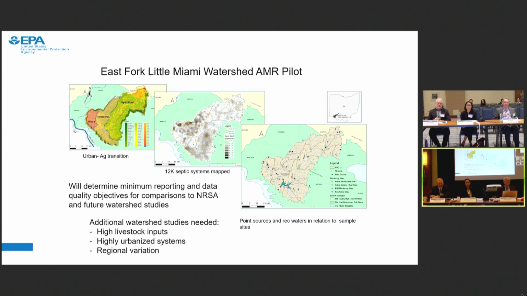This is a watershed-based effort that is looking at nutrient management and nutrient pollution in the watershed, so we could leverage that existing framework that was in place to look at AMR in that watershed. And it's a gradient of urban to rural, including a lot of agriculture, not necessarily a lot of animal ag or animal fecal use in that, but there is recreational exposure, a reservoir in there, so there's a lot of interesting attributes to that watershed, not too dissimilar from a lot in the Midwest. Next slide.